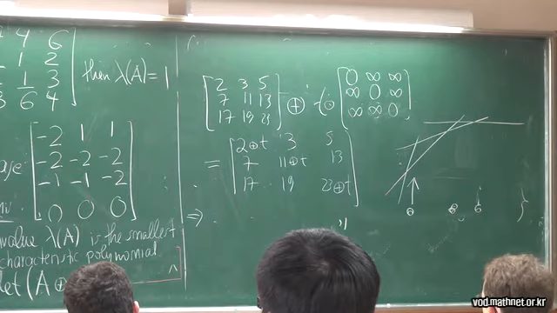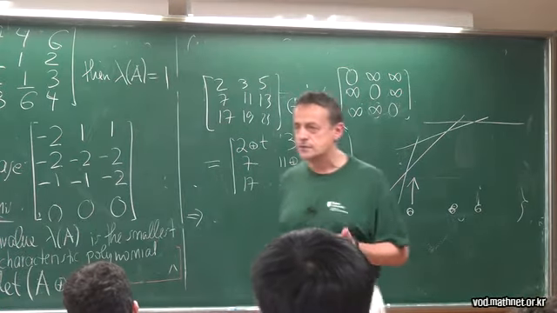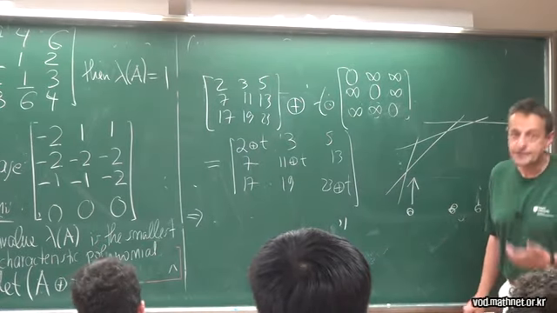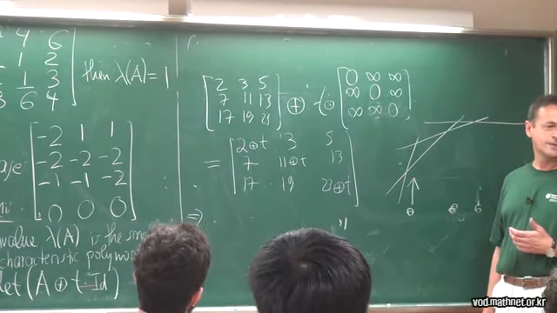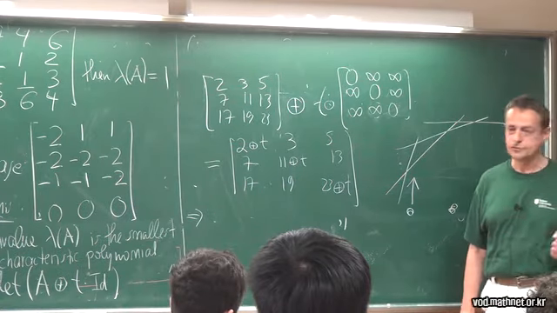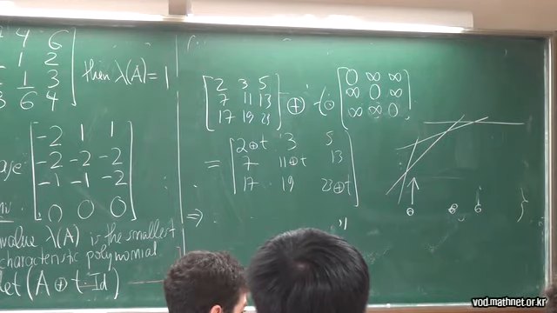Tropical algebra really mirrors positivity. If you have a positive matrix, there's going to be a dominant positive eigenvector that has a dominant positive eigenvalue, and that's mirrored by this tropical approach. Is the determinant the same as the permanent?